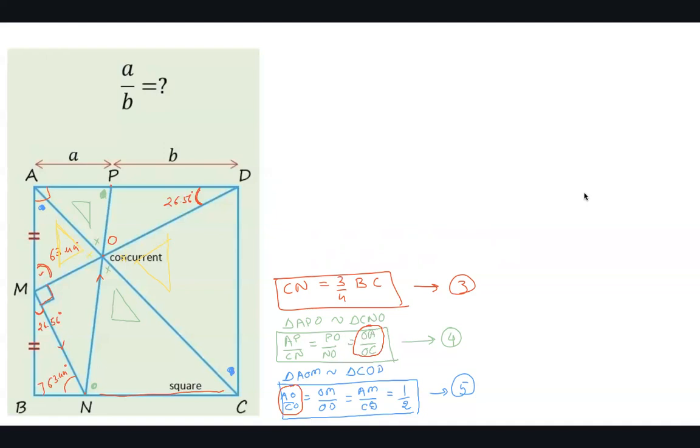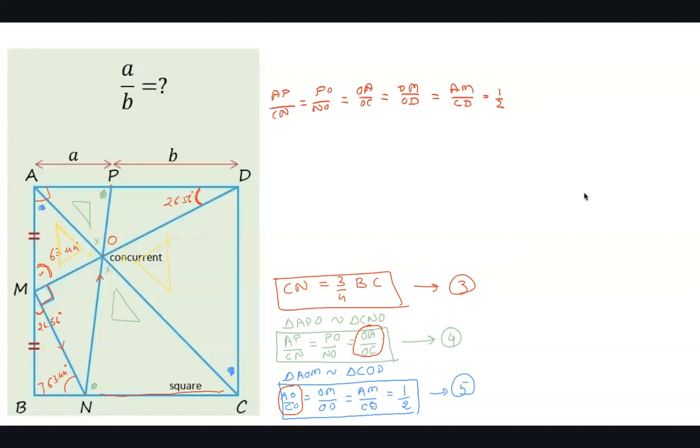What does that mean? That means all these ratios have the same value, which is AP over CN is the same as PO over NO is the same as OA over OC is the same as OM over OD is the same as AM over CD is the same as 1/2.